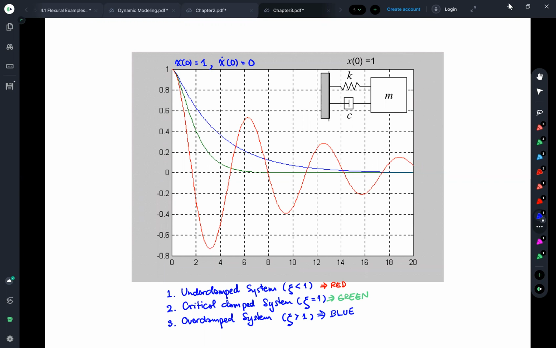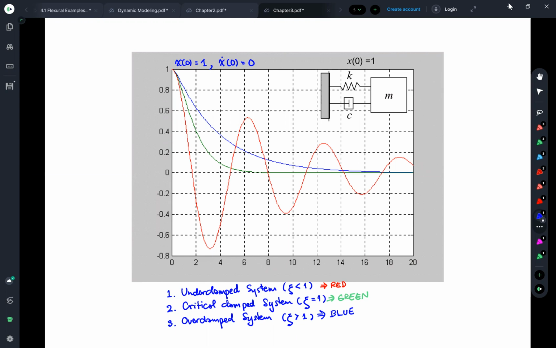So it depends on the application, right? Whether you need to stop the vibration very fast or you want it to be very smooth, you need to select and design your system accordingly to your target performance.